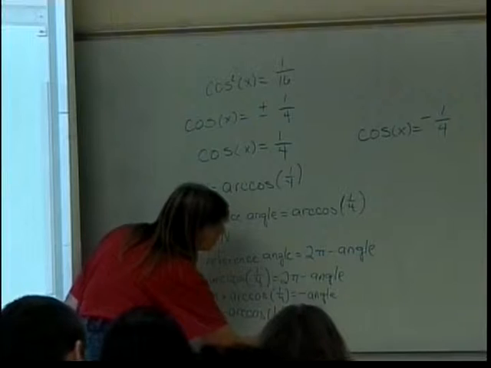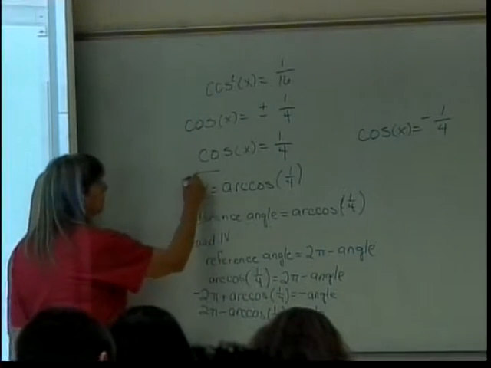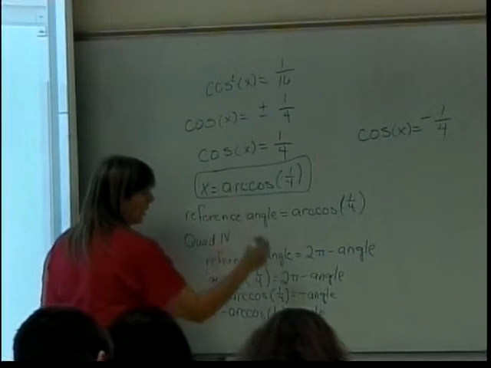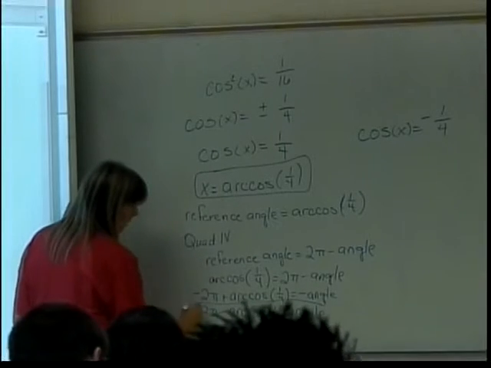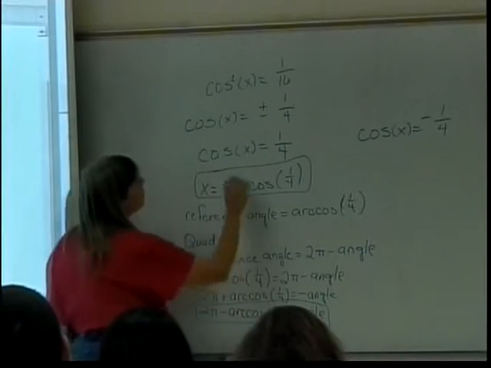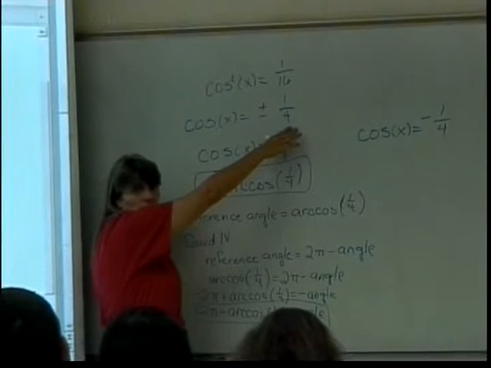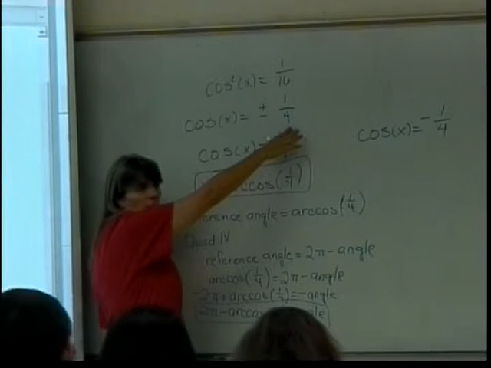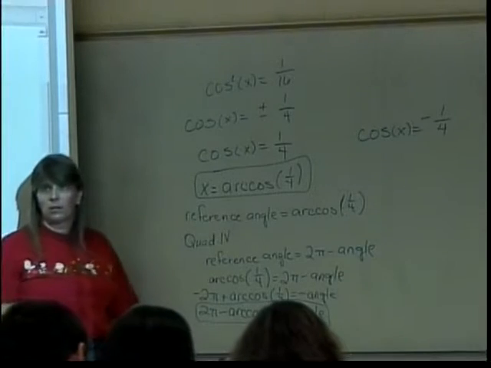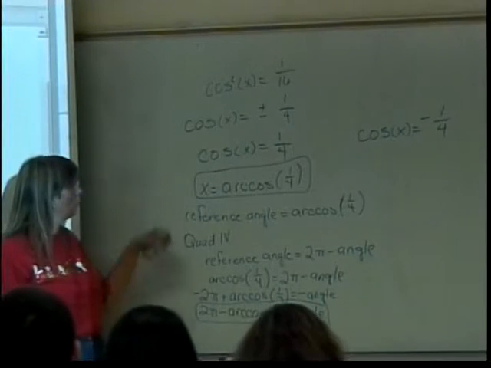So those are the two angles that will produce a cosine value of positive 1/4. That one's the easy one.